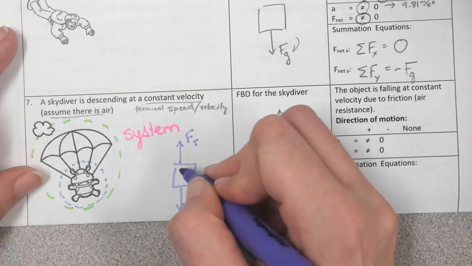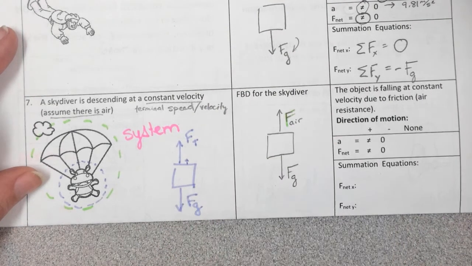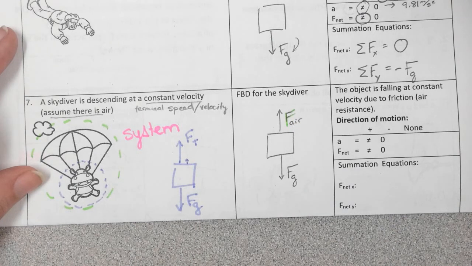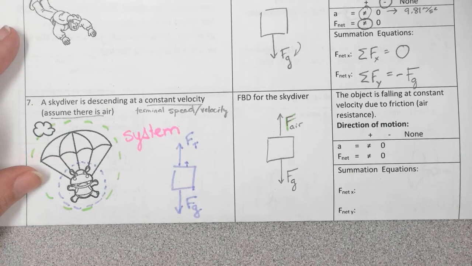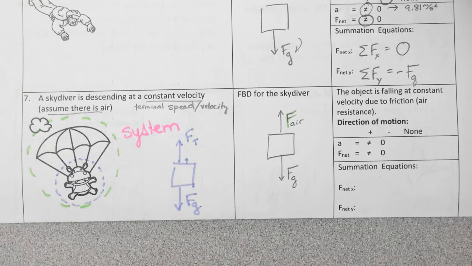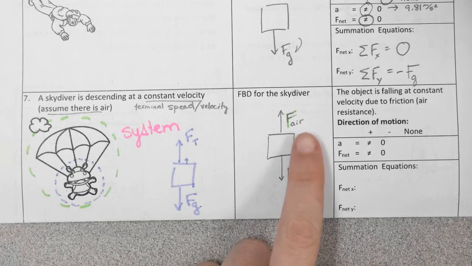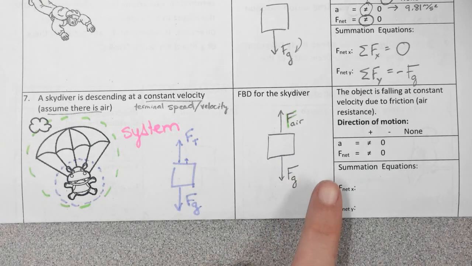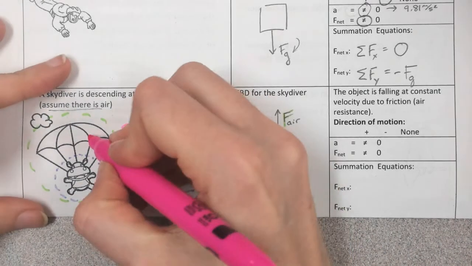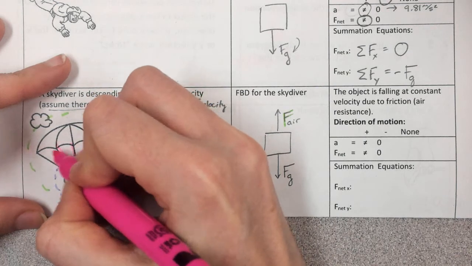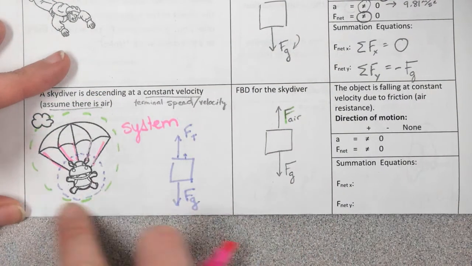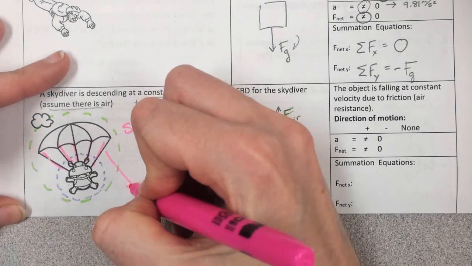There might be a tiny amount of air resistance on the skydiver himself, but mostly it would be that force of tension from the ropes pulling him up. In this one, we don't worry about the force of tension because when our system is the whole thing, this is an internal force.